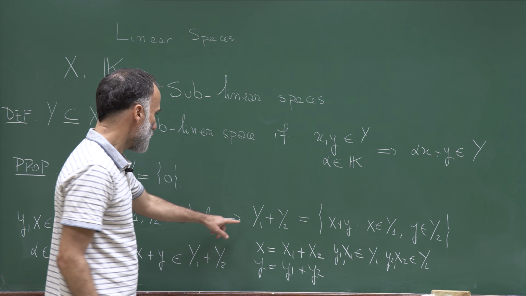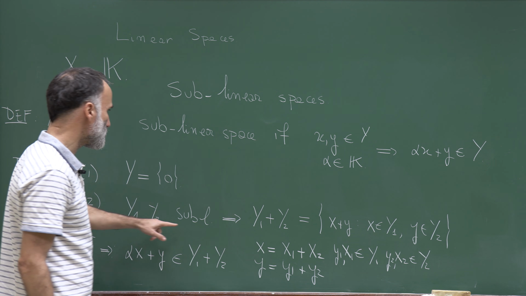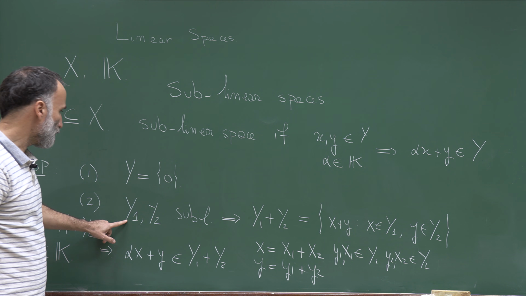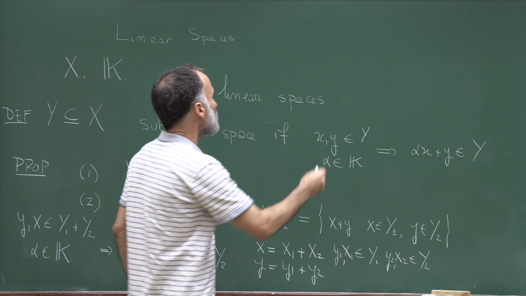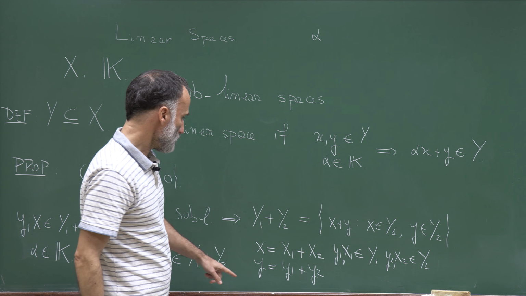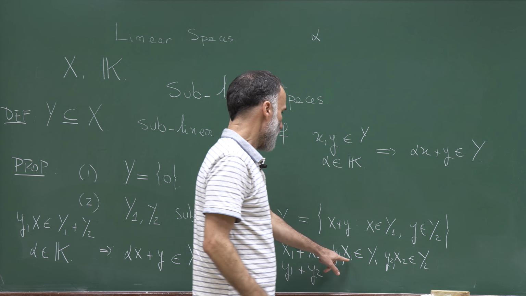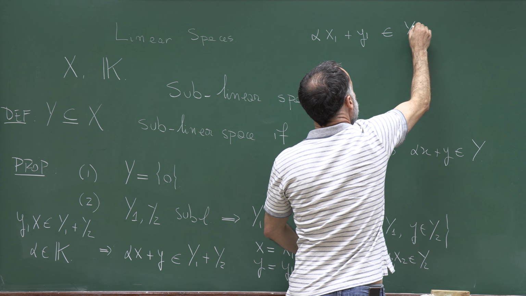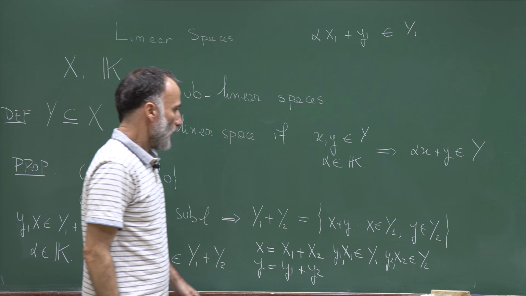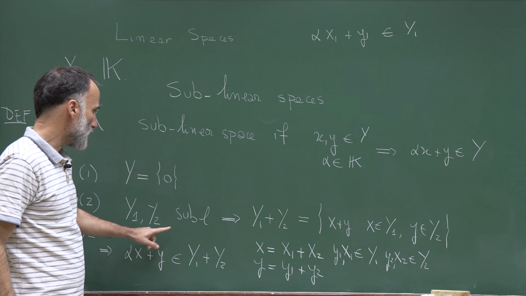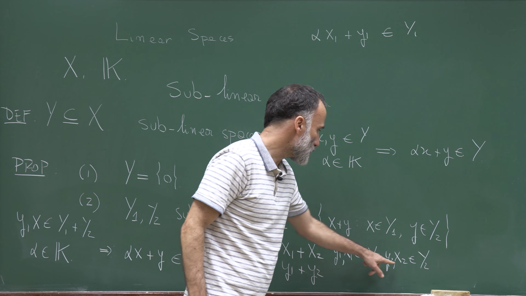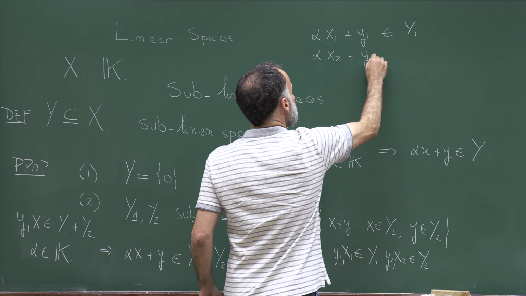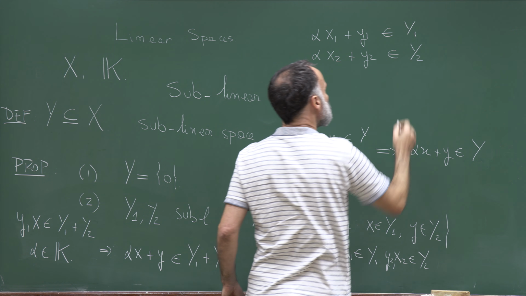Now, since Y1 is a linear subspace, what I know is that alpha x1 plus y1 belongs to Y1. And I also know, because Y2 is a sublinear space, and as x2 and y2 belong to Y2, that alpha x2 plus y2 belongs to Y2.